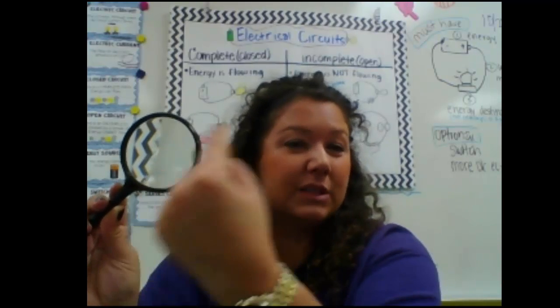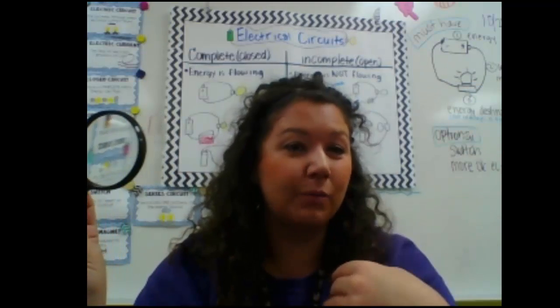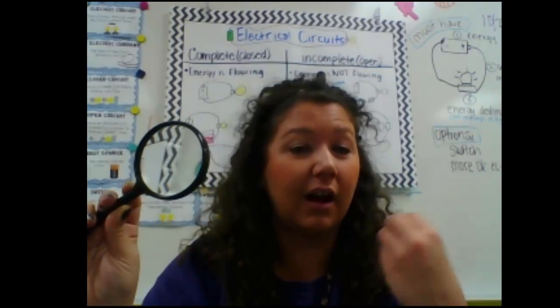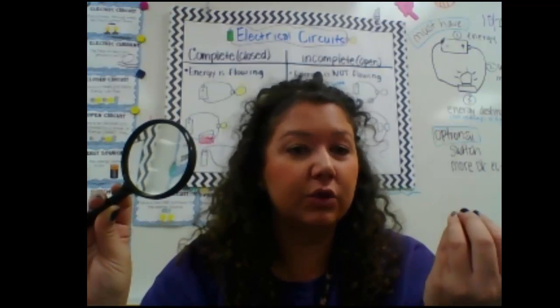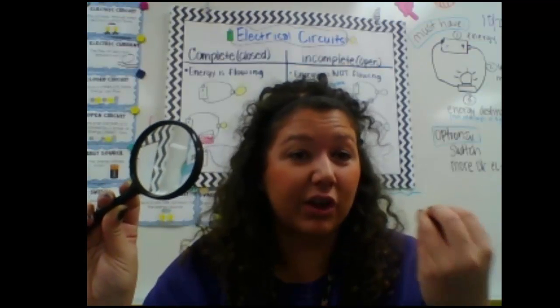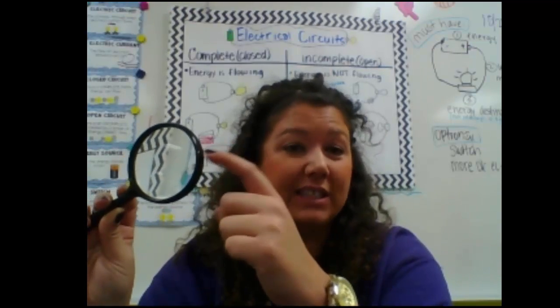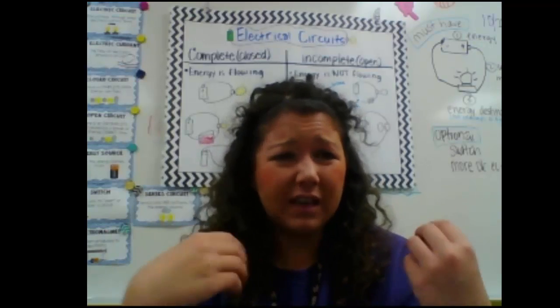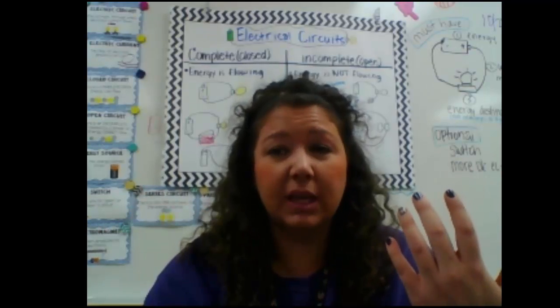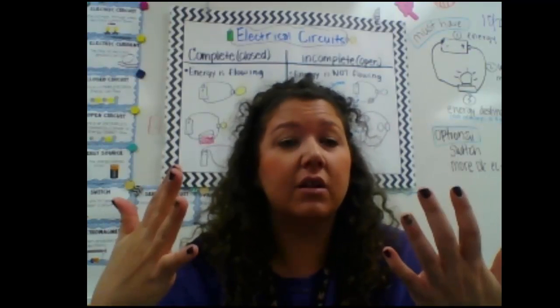When it passes through this material, it bends, and when it bends, the light changes direction, changing how whatever you're looking at looks. Like this poster, those lines look a lot bigger now because of this lens. So things that refract typically have lenses, and again, they're going to change the appearance of that object.